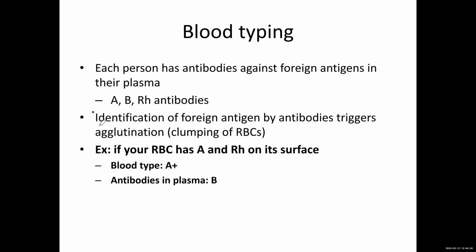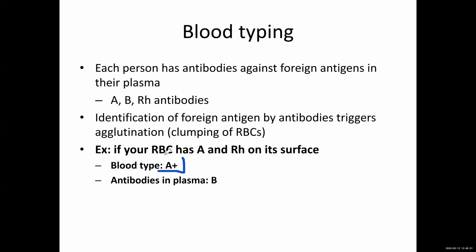So when your immune system identifies this foreign antigen, then antibodies trigger agglutination, that is clumping of RBCs. For example, if your RBC has A and Rh, what is your type? So if you have A, your type is A. If you have Rh, then you are plus.